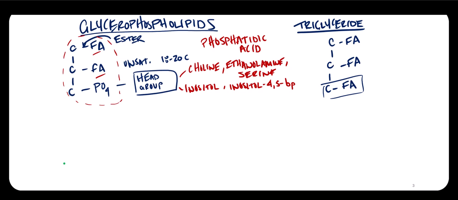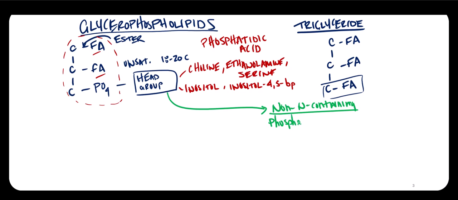We're going to go to non-nitrogen containing first because it's quicker. Our non-nitrogen containing will give us things like phosphatidylinositol, phosphatidylinositol 4,5-bisphosphate.